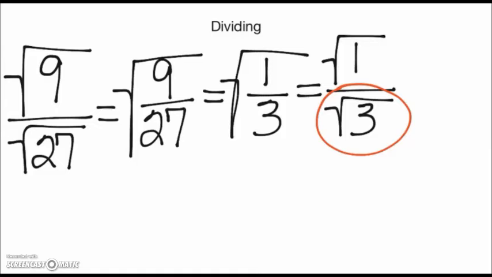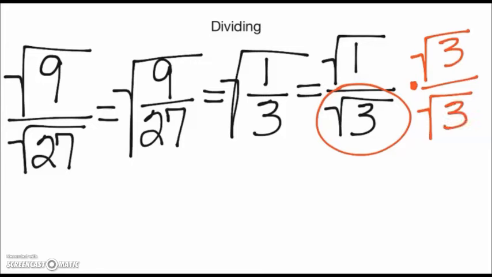So our next step is always going to be to multiply by whatever that radical in the denominator is over itself. In this case, that's square root of 3 over square root of 3.